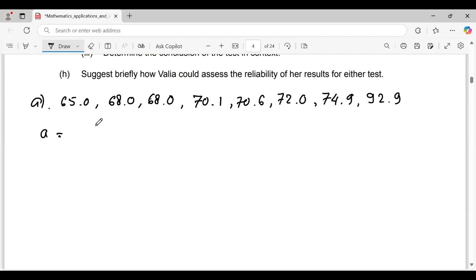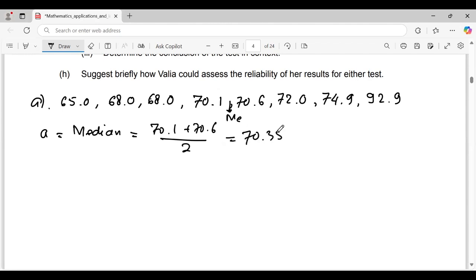And we're going to determine A. A is the median according to the information in Table 2. There are 1, 2, 3, 4, 5, 6, 7, 8 values. It means the median is between the fourth and fifth values, the quartile 2. This is 70.1 plus 70.6 divided by 2, and it is 70.35.